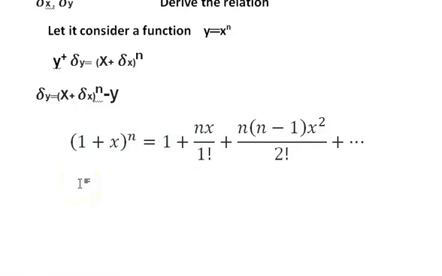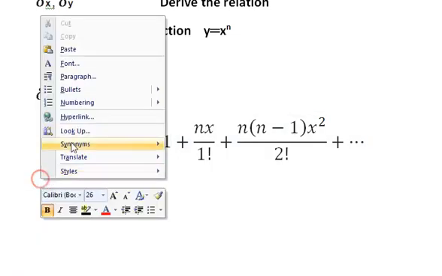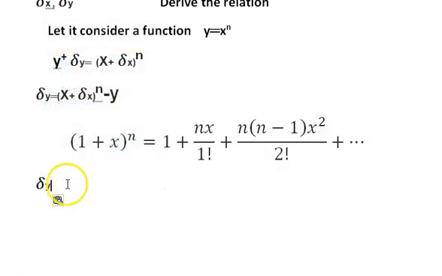Del y as it is, and equal sign. This x becomes 1. How is this possible?